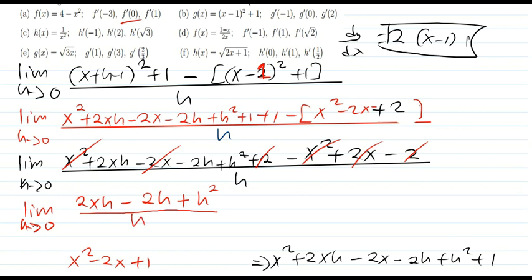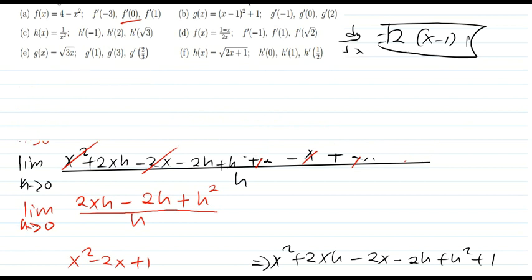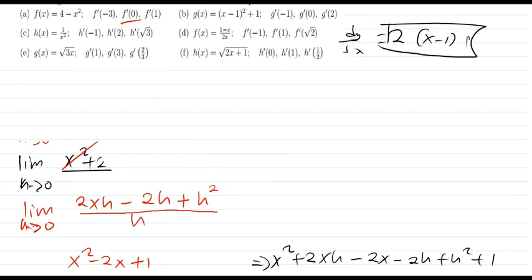Believe me, if I plug in h as 0 directly, it's going to give me undefined. So to make this defined, what are we going to do? We factor out h on top. Limit as h approaching 0, I'll factor out h alone.